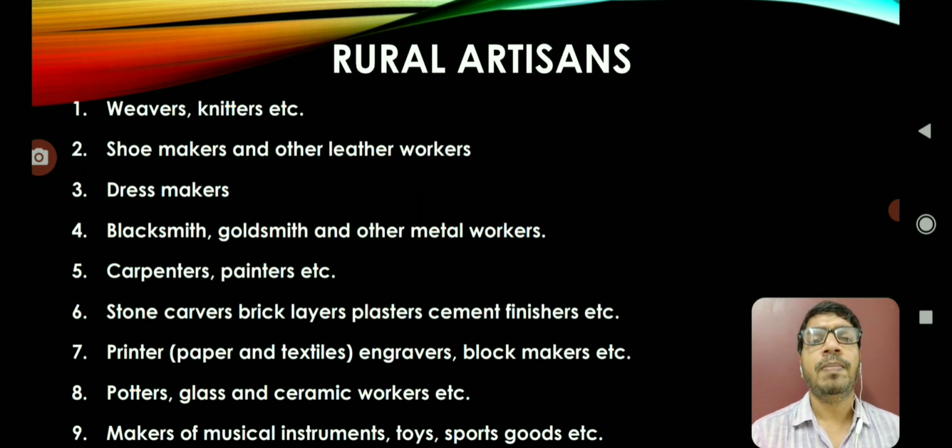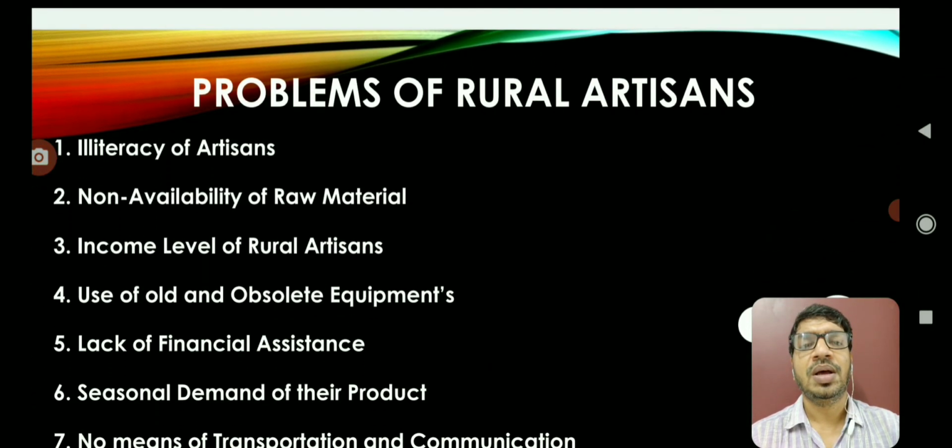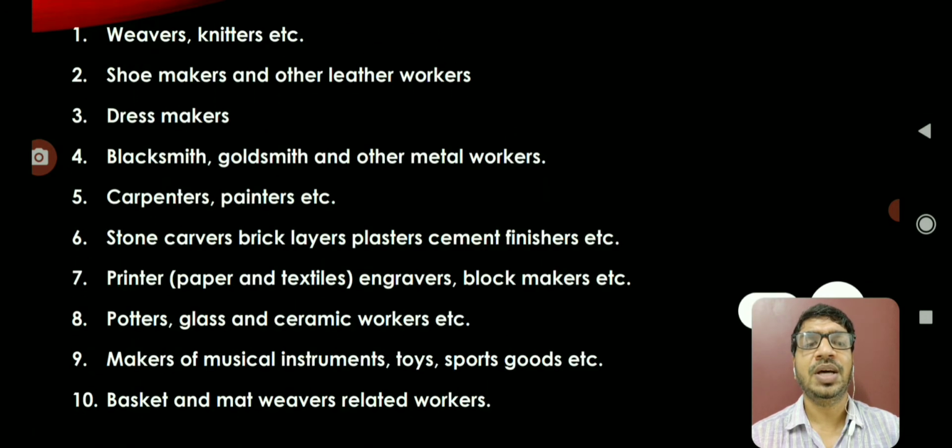Dressmakers, blacksmith, goldsmith and other metal workers, carpenters, painters, etc. Stone carvers, bricklayers, plaster cement finishers, etc. Printers, engravers, blockmakers, etc. Potters, glass and ceramic workers, etc. Makers of musical instruments, toys, sports goods, etc. Basket and mat weaver related workers. All these categories come under rural artisans.